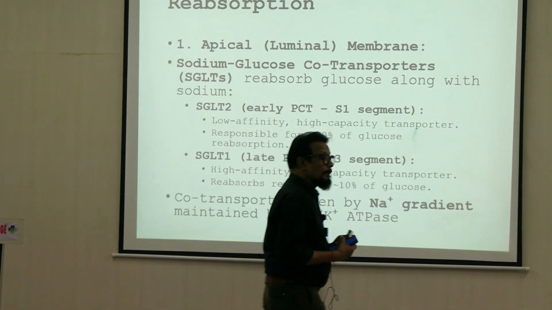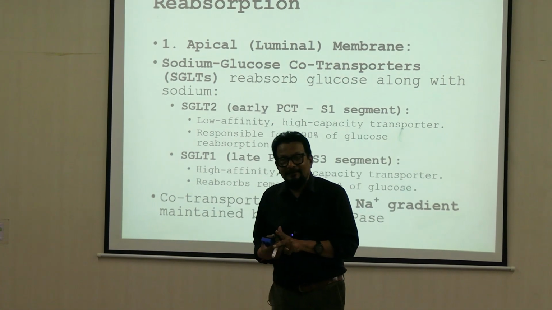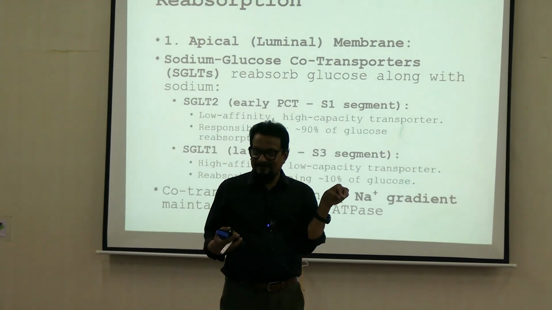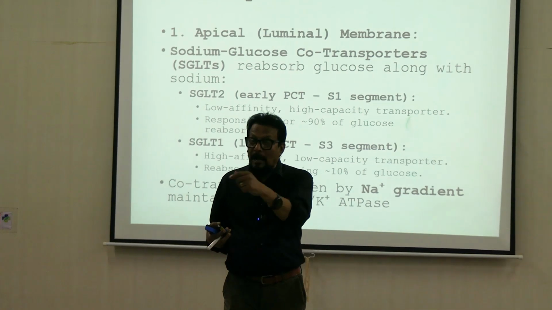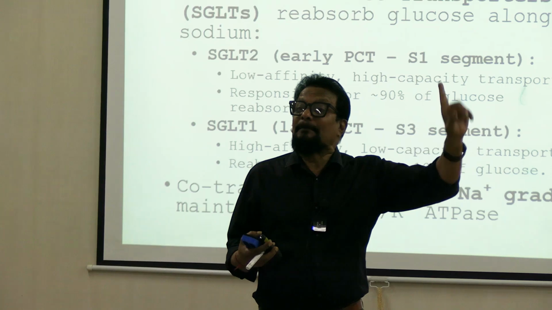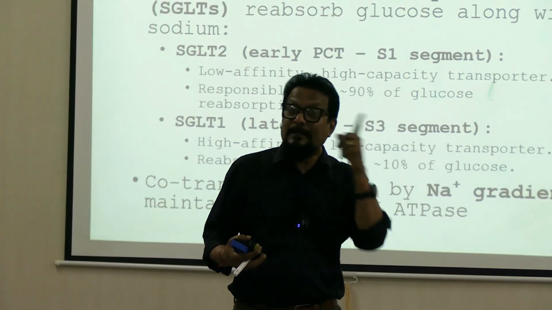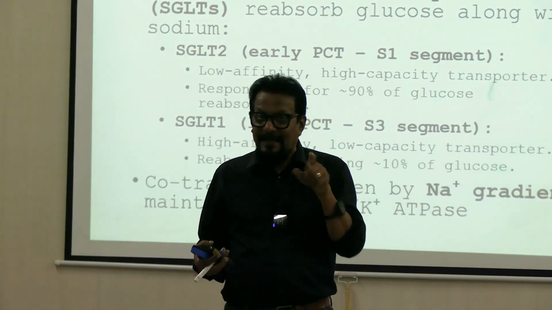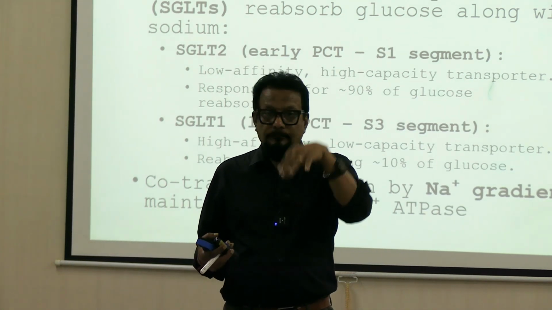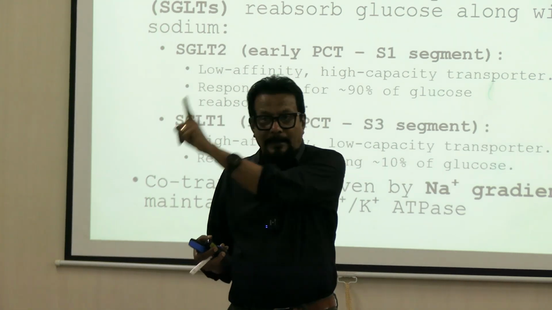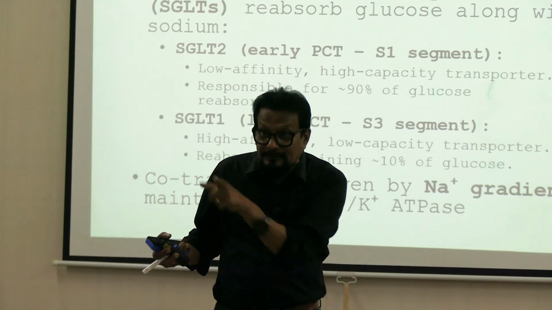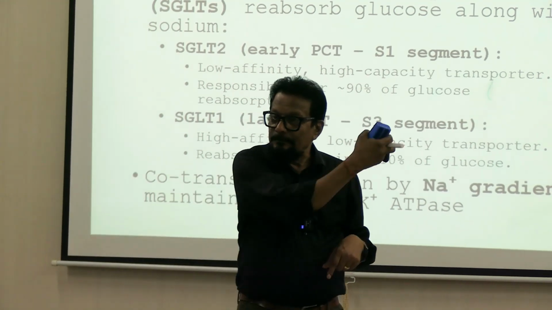So, why is this glucose entering? Not by its own force. Somebody is helping its entry. Who is helping? Sodium. How did it get the energy? Because the sodium potassium pump at the basolateral region has pumped out the sodium that was present within the cell. As a result, the concentration of sodium became low, whereas in the lumen it is high, and because of this gradient sodium is entering through the transporter.